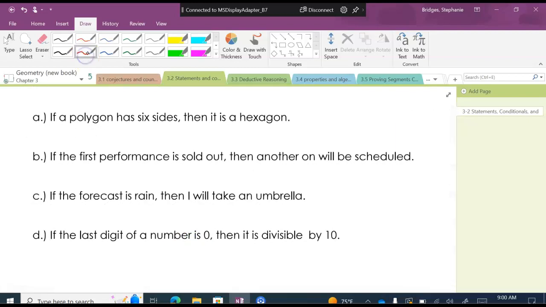So what would I underline once in A? A polygon has 6 sides, right? And then the conclusion that I underlined twice would say it is a hexagon.